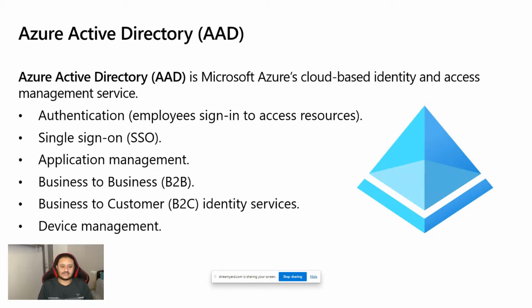So what features will we get in Azure Active Directory? It will provide you Azure authentication and authorization. You will get single sign-on. You can implement it so that for whatever resources you utilize within the organization, if you log in the first time, put down your credentials and complete multi-factor authentication and everything, next time, if another application is opened on your system, you don't need to enter the password for each and every application.